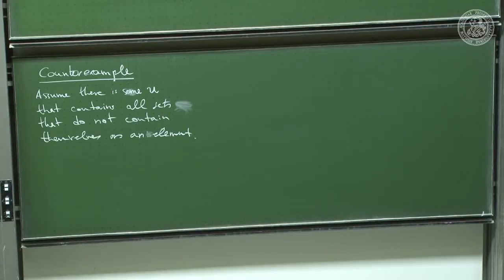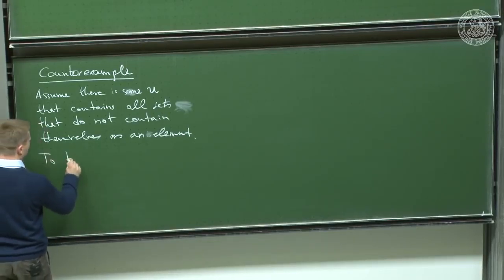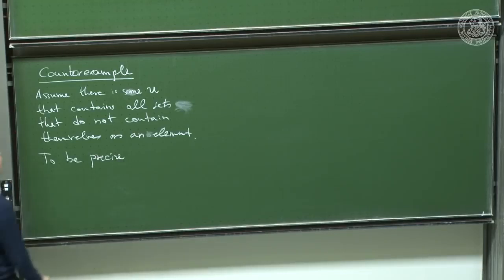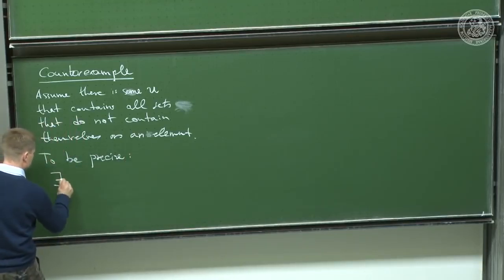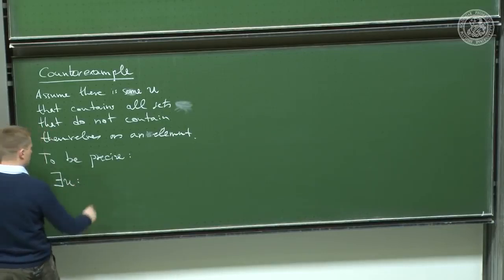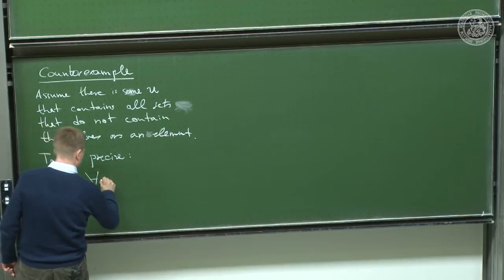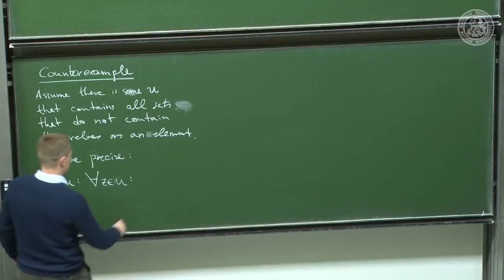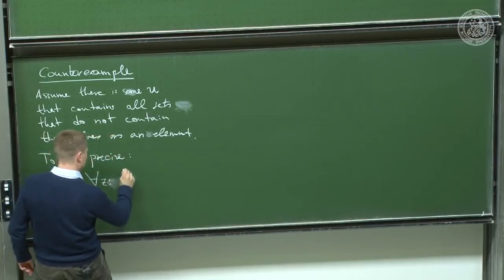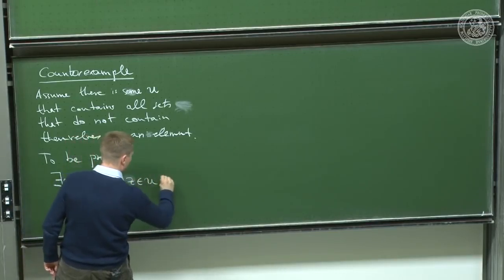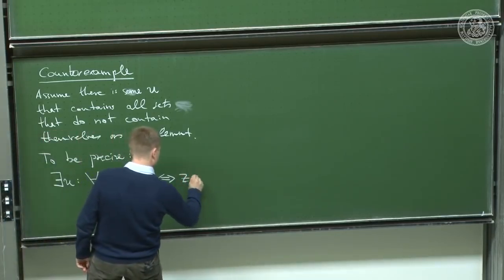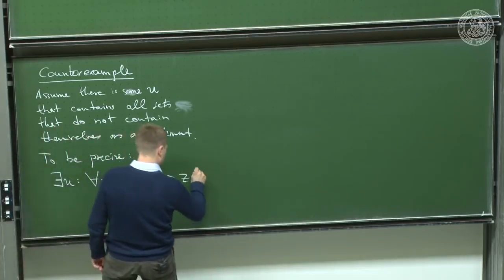What do I mean by this? In order to be precise, and we should be precise in order to fix our language before we get more nonchalant with it, we assume there exists a u such that for all z, we have that z in u if and only if z not in z.